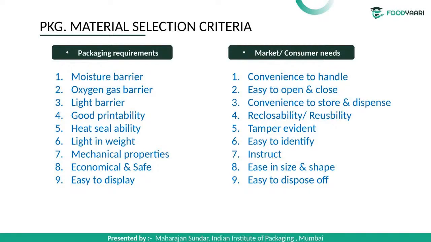We have to maintain moisture barrier, oxygen barrier, oxygen gas barrier, light. These will directly affect the product inside. The packaging material should be capable of providing moisture barrier, oxygen barrier, light barrier.